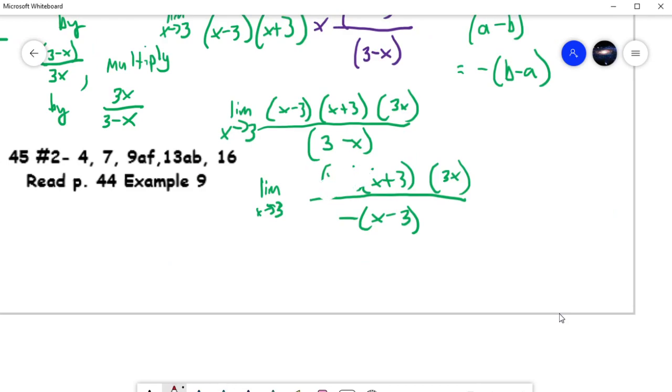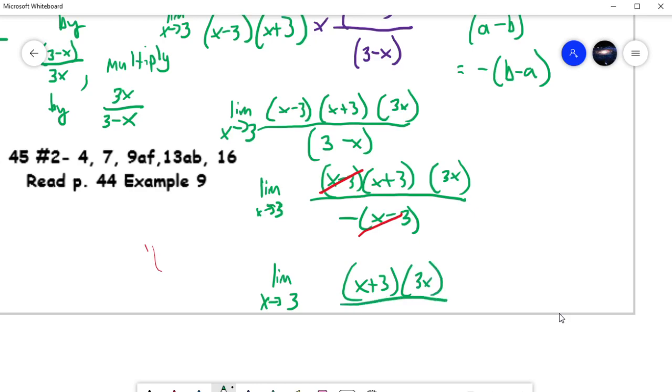Oh, jeez, that was not so smart. Oh, I'm holding the pen upside down. That one and that one cancel, okay? And you're left with the limit as x approaches 3 of x plus 3, 3x, negative 1.